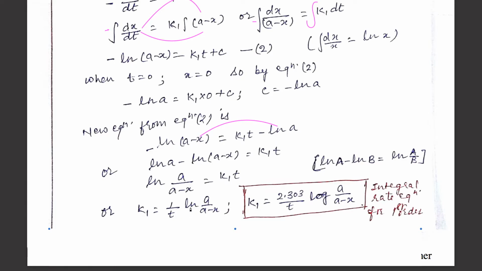Now replacing ln by log: if we replace ln by log, then we have to multiply the equation by 2.303. So the new equation is this, and this equation is the integral rate equation for first order reaction. So this is all about the differential rate equation and integral rate equation.